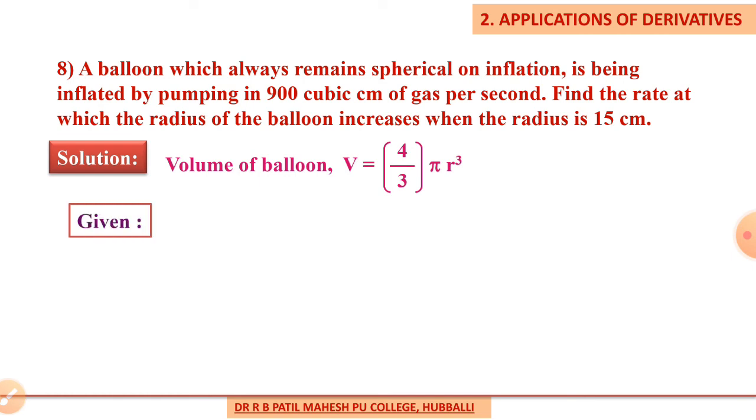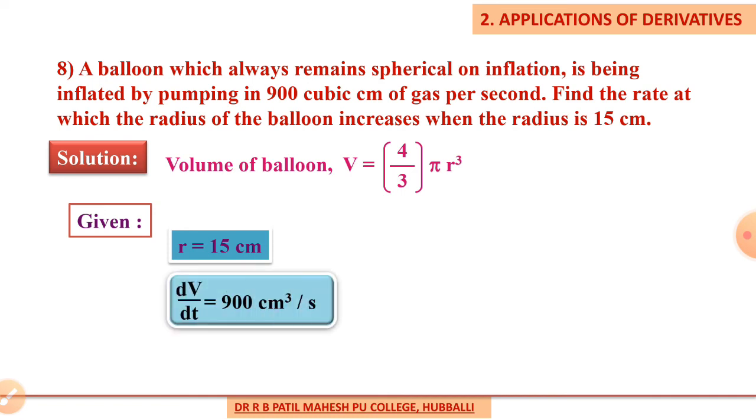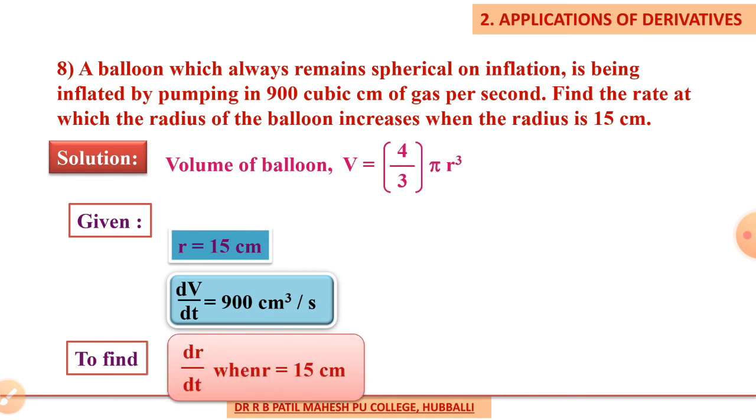The next, what is the given term here? The given term is r equal to 15 centimeter, and the change in volume with respect to time t, that is dV by dt, is 900 cubic centimeter per second. So these are the given terms. By using them, you have to find dr by dt when r equal to 15 centimeter.